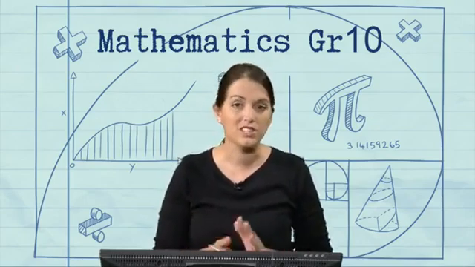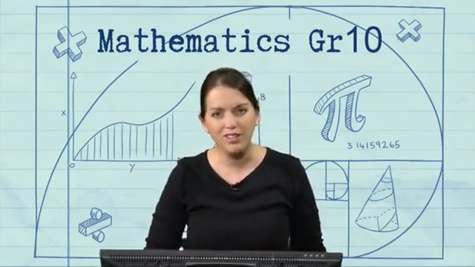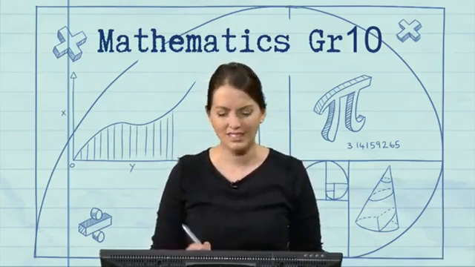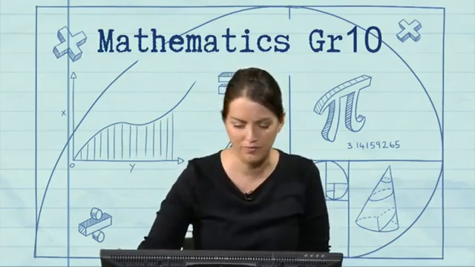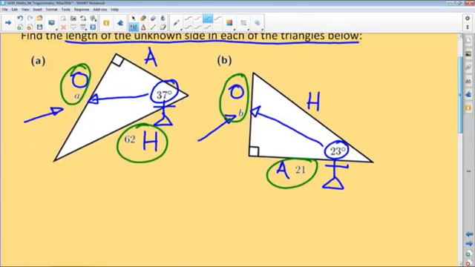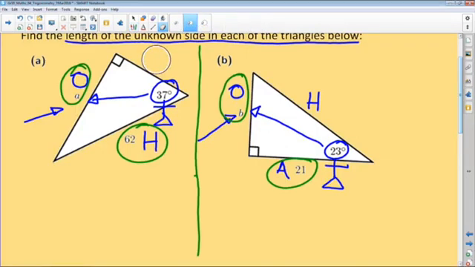So yes, we know which side is the adjacent, but do we really need to use it? Let's go and look at the question. So now I'm just going to focus on this first question. And the adjacent is not important. And the reason I know it's not important is because there's nothing written there. Only my opposite and hypotenuse.